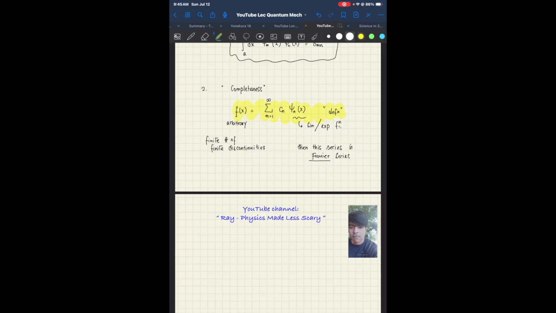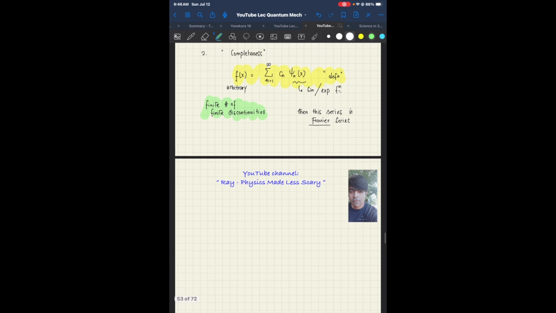And this constraint that I highlighted here is called the Dirichlet condition. Okay, great.